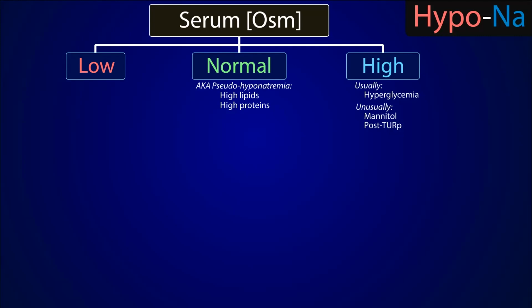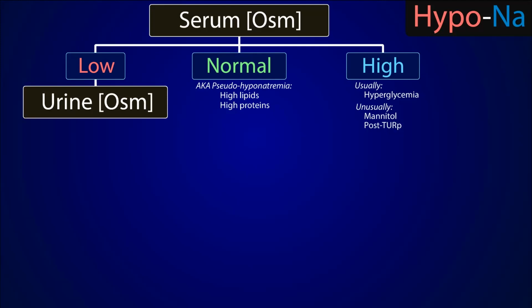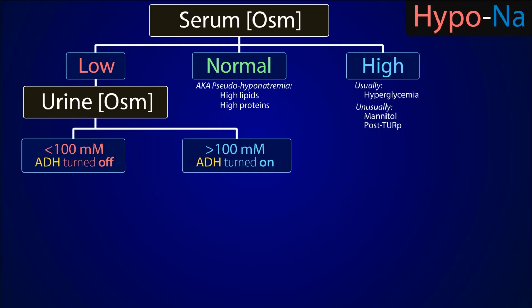The way we answer that is by asking: is ADH turned on or not? You answer that by looking at the concentration of the urine. If ADH is turned on, we're adding hydration from the urine to the body, and so the urine is going to be concentrated. It's going to have a high osmolarity, something like over 100.